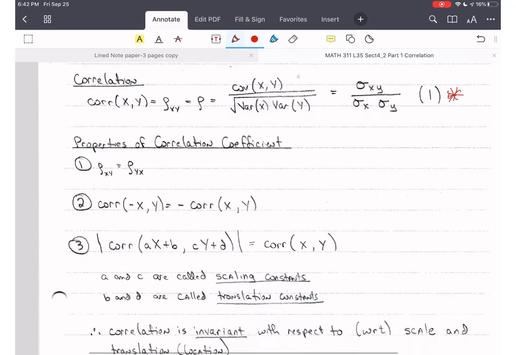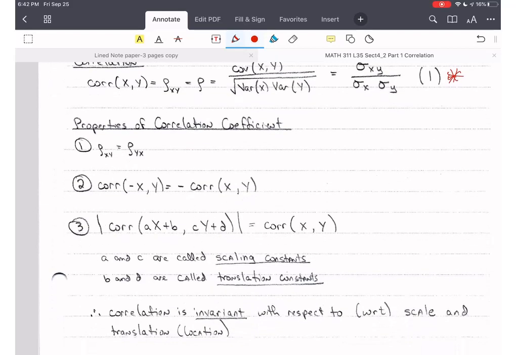Now, the properties of the correlation coefficient, and we can prove this using the properties of the covariance. So rho of XY is rho of YX. So for the correlation, it doesn't matter which one is first and which one is second. For a regression line, it does, but we'll get to that later.